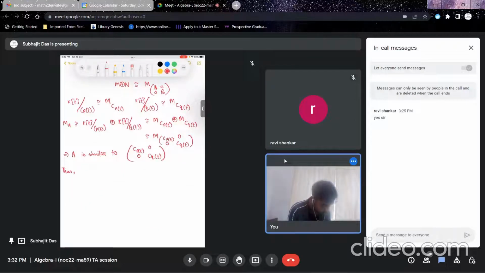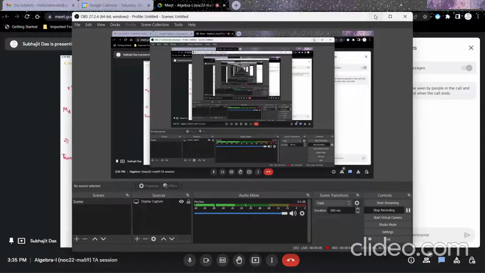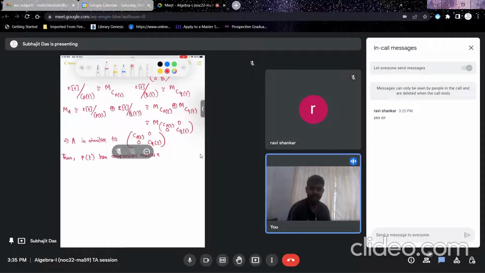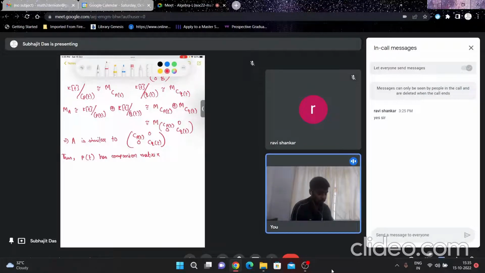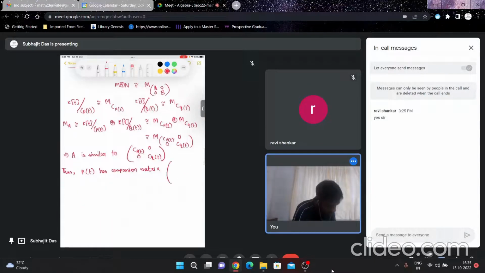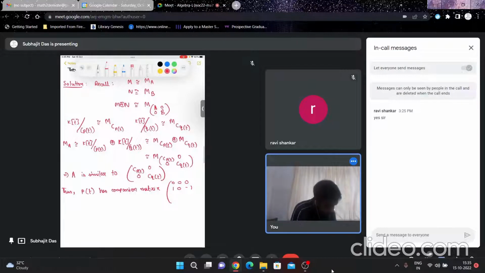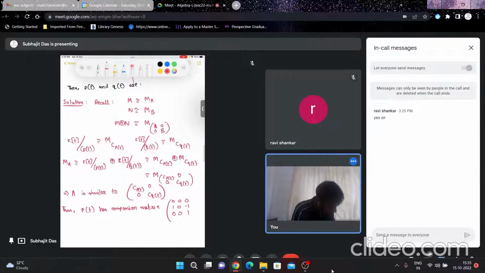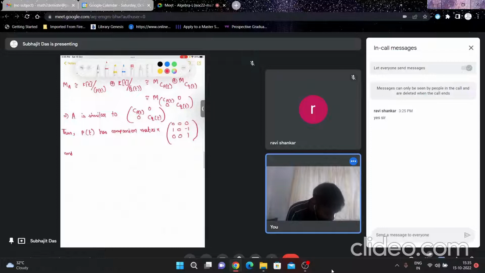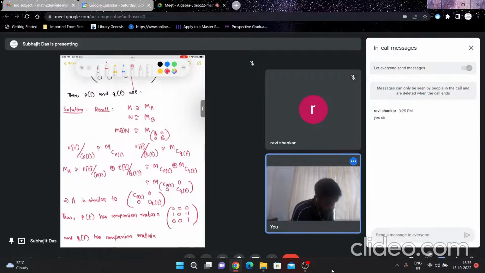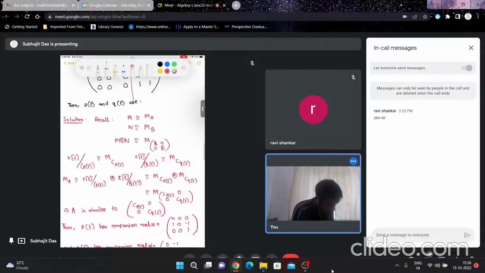Thus p(t) has companion matrix with rows 0 0 0, 1 0 -1, 0 0 1 arranged as in the given form. This is the companion matrix of p(t), and q(t) has companion matrix 0 -1, 1 1.